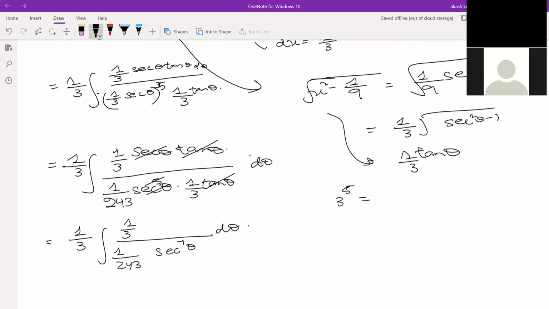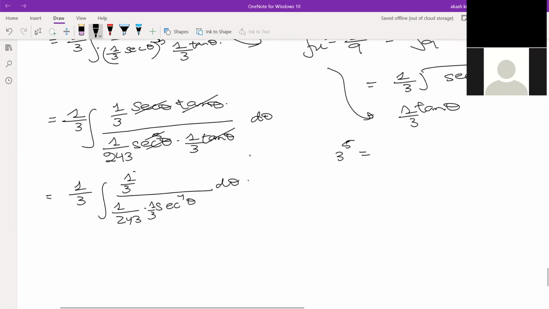And yes, this 1 by 3. Can I cancel 1 over 3, 1 over 3? And taking 1 over 2 by 2, 4, 3 outside.